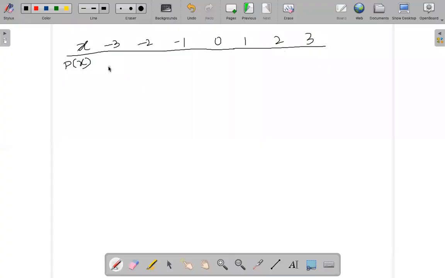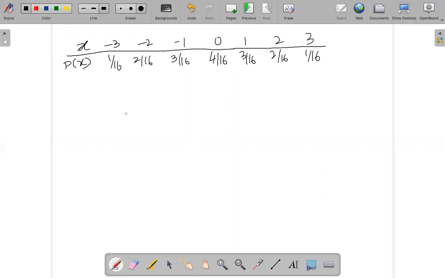With k as 1 by 16, we'll form a new table: 1 by 16, 2 by 16, 3 by 16, 4 by 16, 3 by 16, 2 by 16 and 1 by 16.